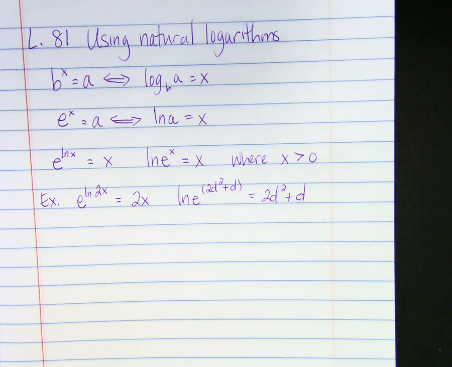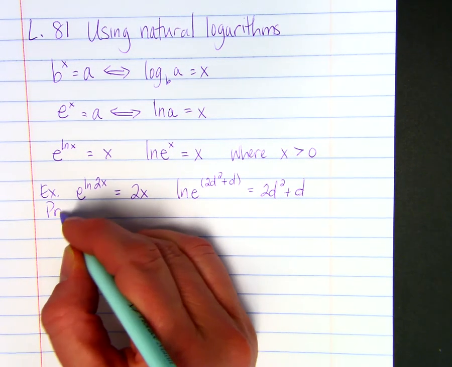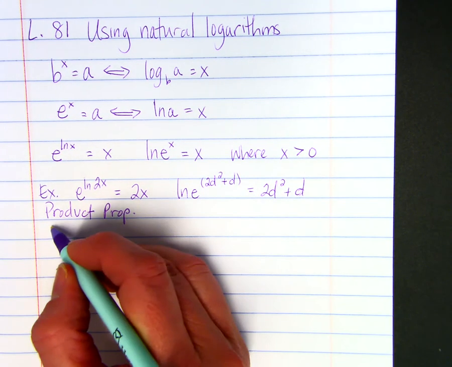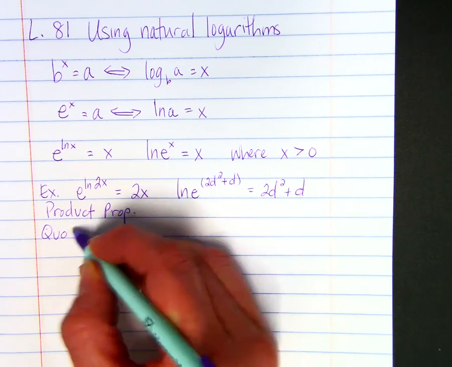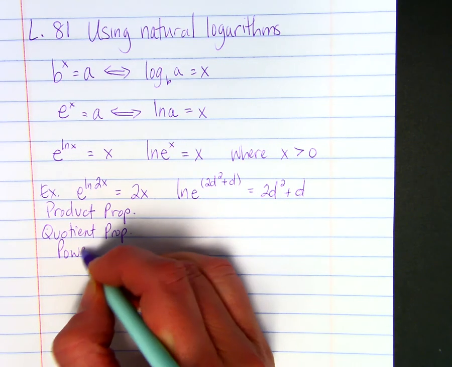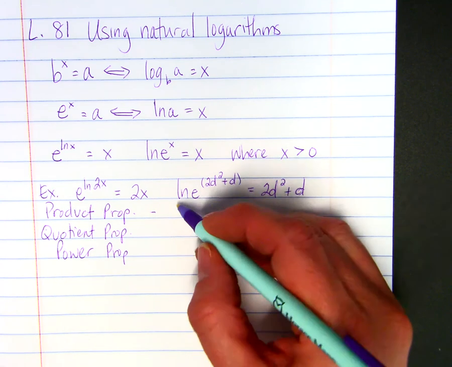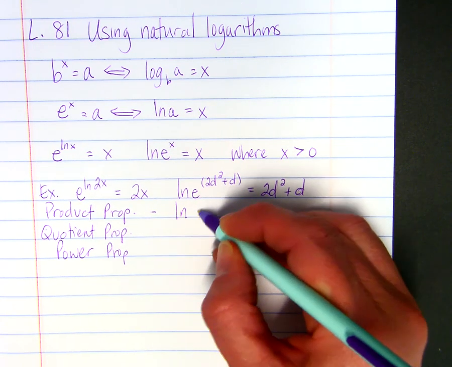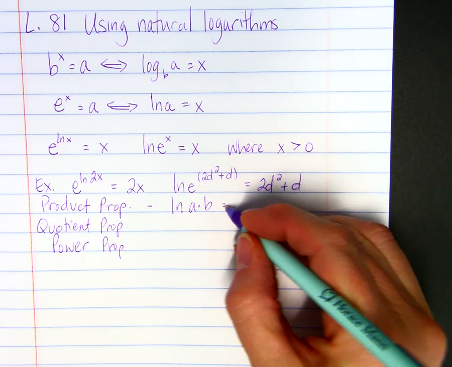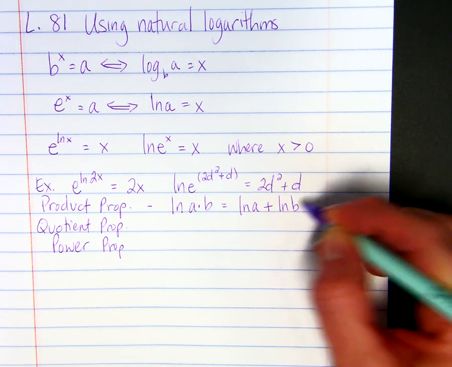We have the product property, the quotient property, and the power property. They're all the same as with regular logarithms, only now we have a natural logarithm. The product property says that if you have the natural log of a product, it's equal to the natural log of each factor added together.